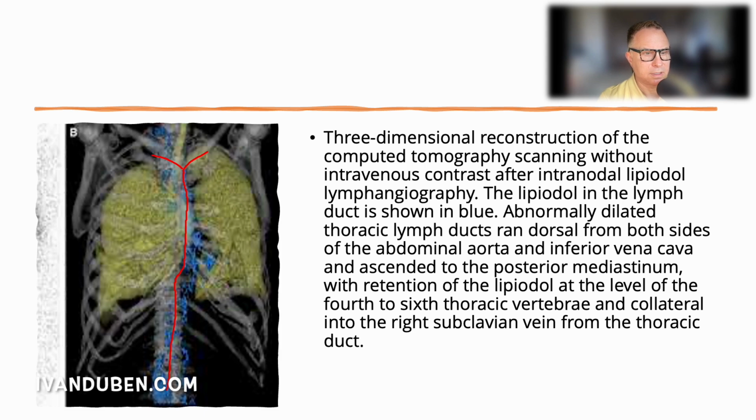And in this instance, due to the increased pressure, you get distortions in this area of the thoracic duct, and that's where you get the effusions, the leakage that occurs from the thoracic duct itself in these particular instances.